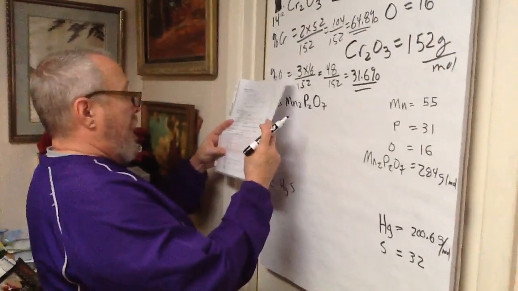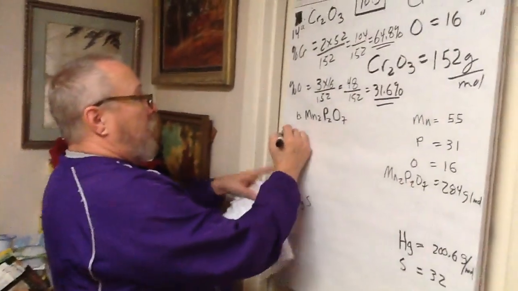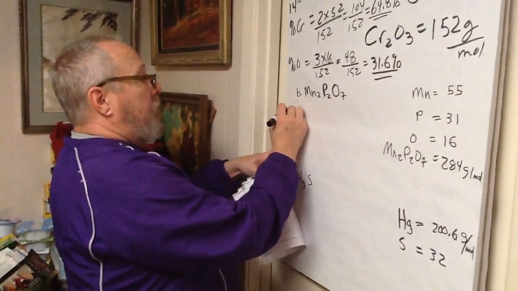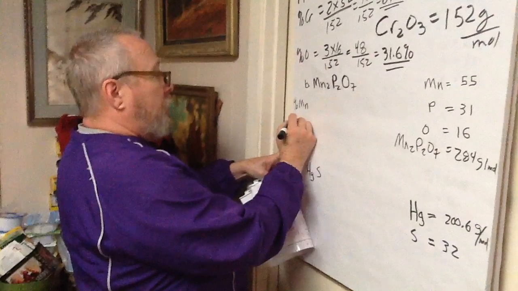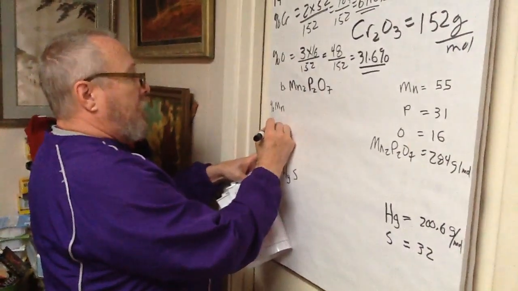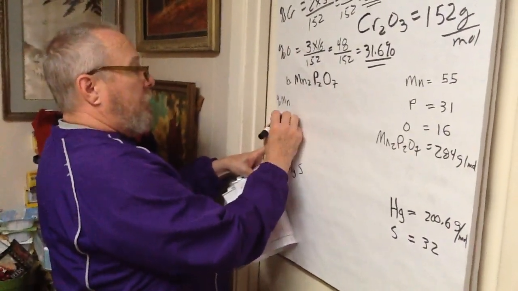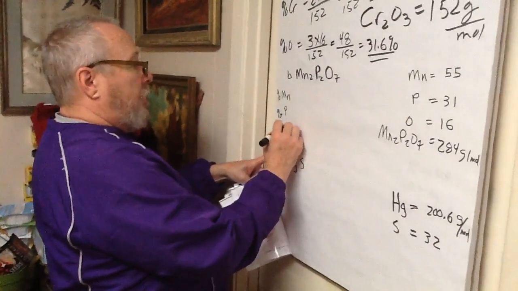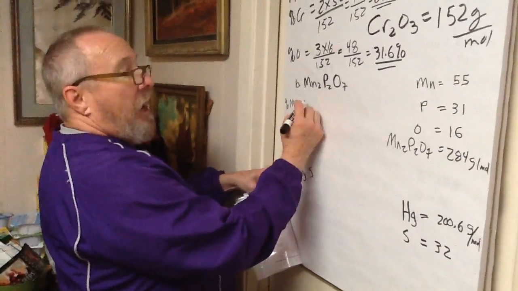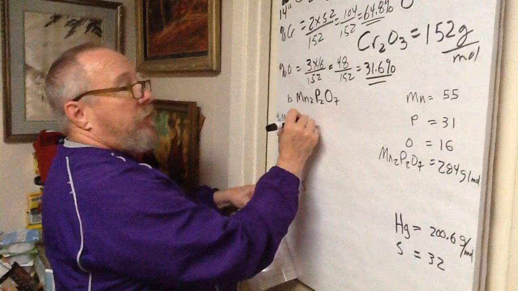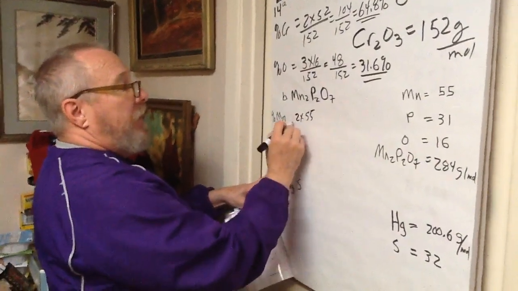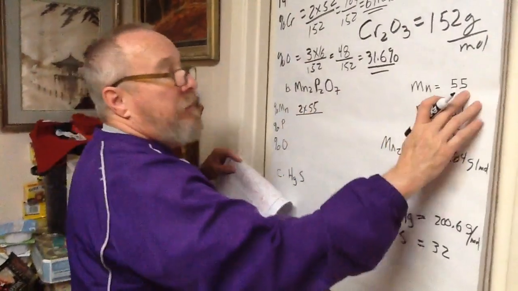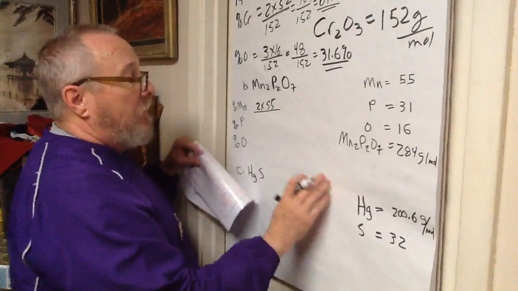So, here, if I want the percent manganese, that's Mn, please don't confuse it with magnesium, Mg, the percent phosphorus, and the percent oxygen, I would take 2 times 55, that's the molar mass, atomic mass of the atom manganese.